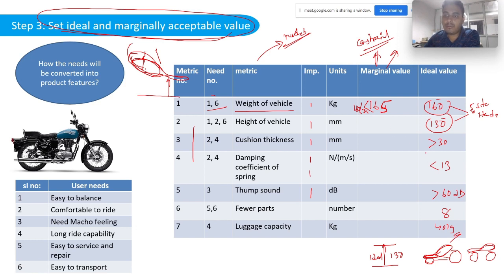So that's how you compromise, and you select certain marginal values as constraints to take care of other requirements.